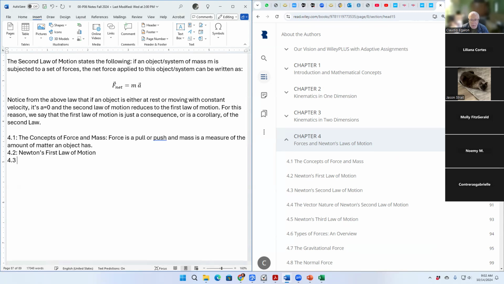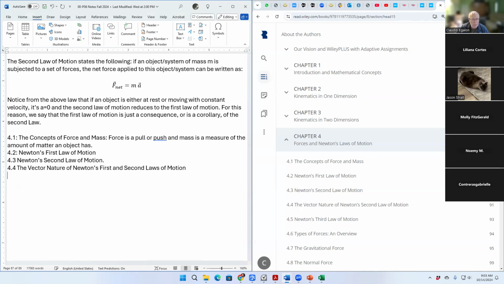Let's take a look. 4.3, we are covering Newton's second law of motion. 4.4, the vector nature of Newton's, not just Newton's second law, but Newton's first and second laws of motion.